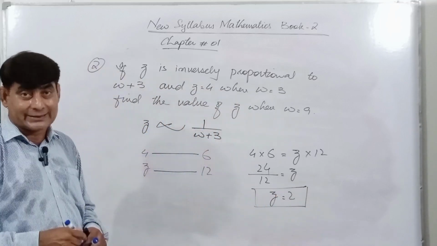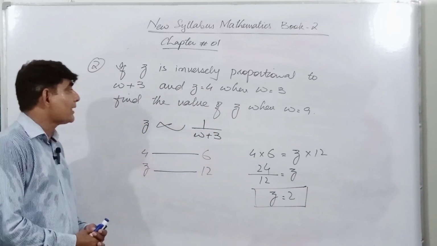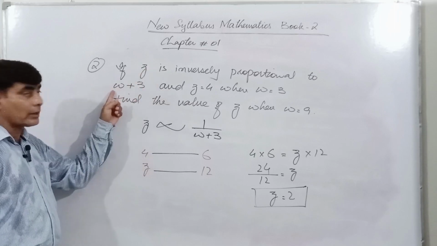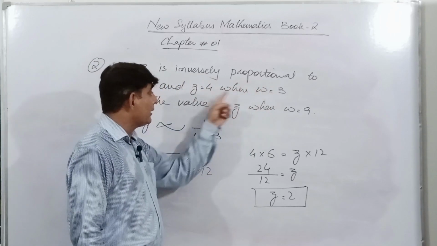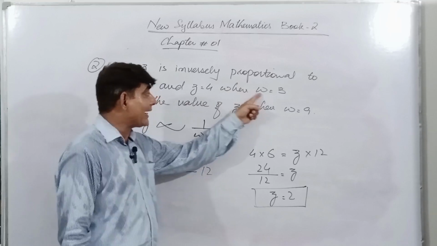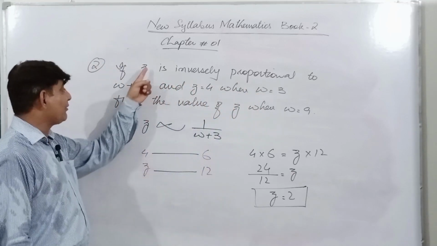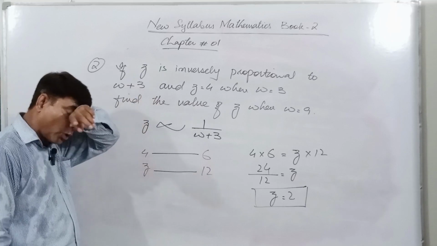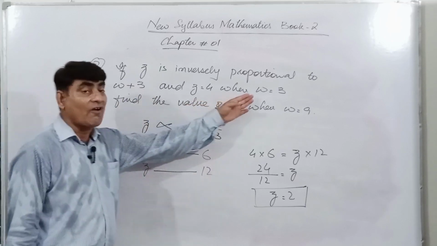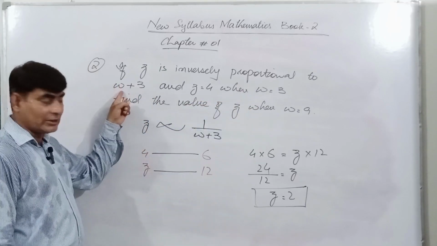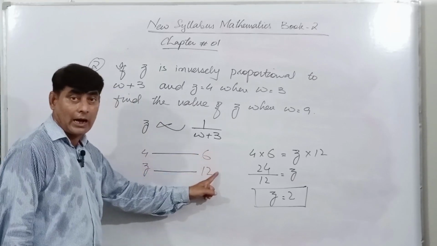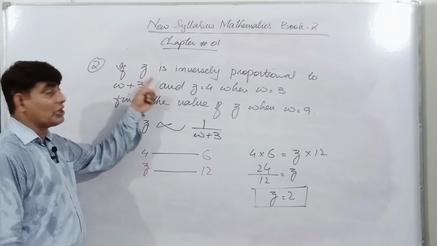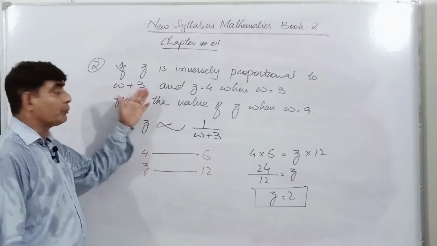Okay, I am repeating my words again. Listen, the relation is between Z and W plus 3. There is no relation between Z and W. So always place the value of W first in W plus 3 and then keep it over here. Then write down over here, after calculation, the value of W plus 3.